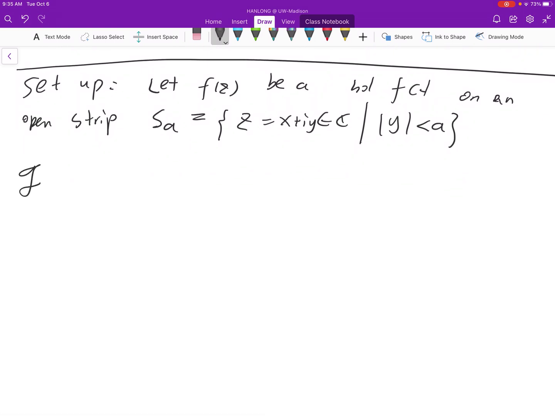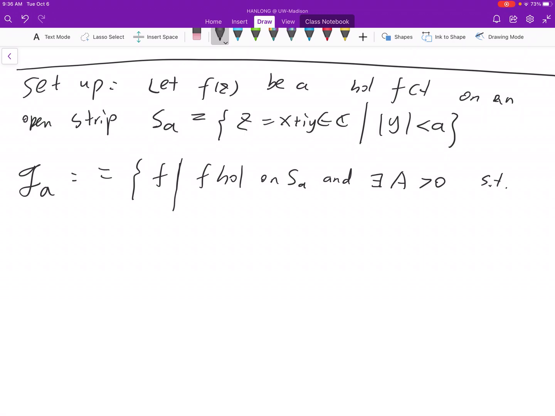We define the family KLF_a to be the set of all functions which are holomorphic on S_a and for which there exists a constant A greater than 0 such that the function decays along the x direction as A divided by 1 plus x squared for all points in the strip.